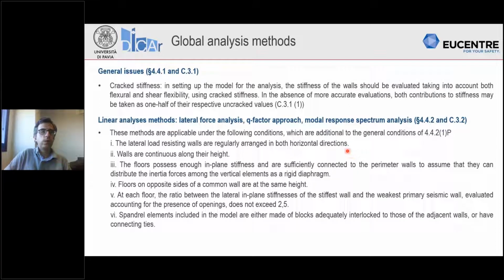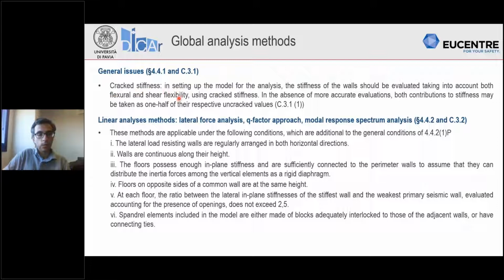Now, moving to the global analysis methods, Eurocode 8 is firstly giving some general considerations, which are reported in section 4.4.1 and section C.3.1, which is specific for masonry buildings. The most important general consideration regards the crack stiffness.